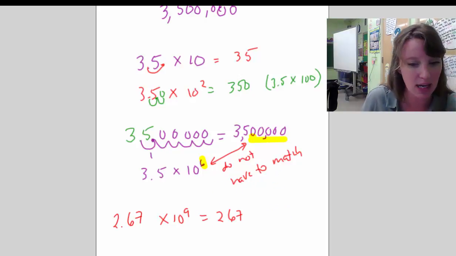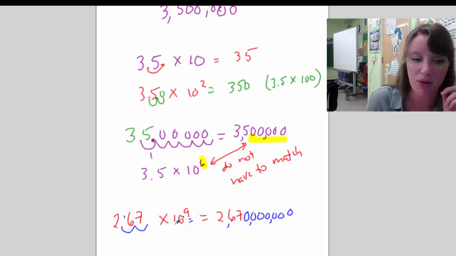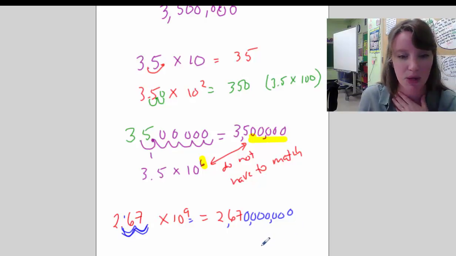And that is not the case, because you have to move it 9 spaces to the right. This is 2 spaces to the right already, so we're actually only adding 7 zeros. After I add the 7 zeros, I can go in and add the commas wherever they need to be. But it's very important to understand, I lost 2 of the zeros, if you think about it, by moving to the right twice, and then I could add the zeros in. So that's a common mistake, right?